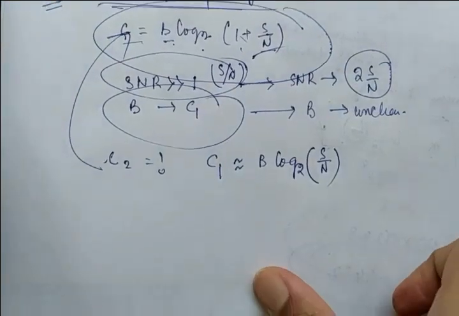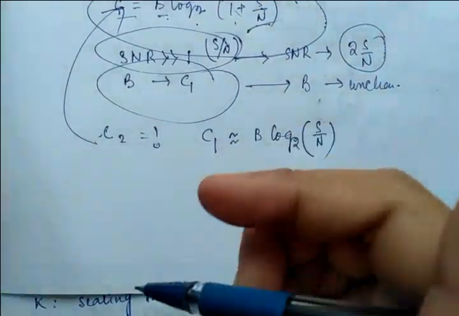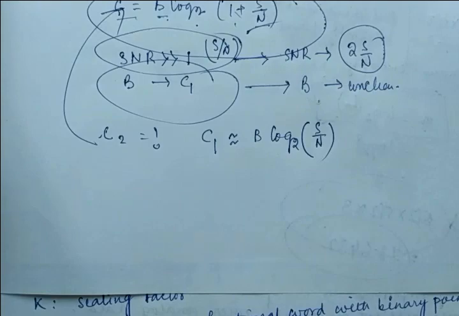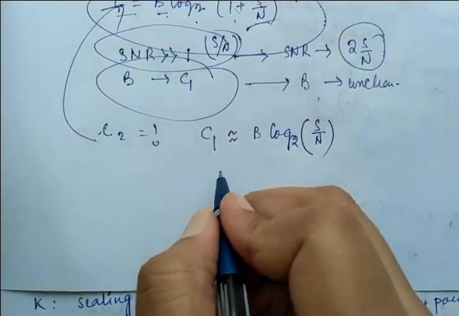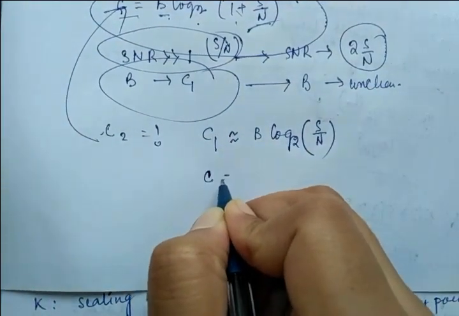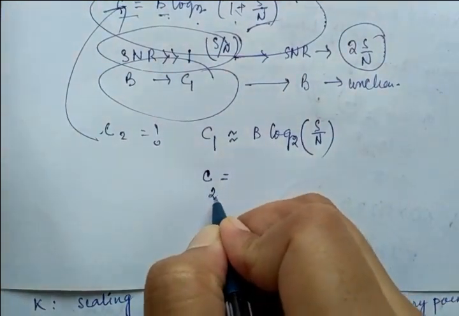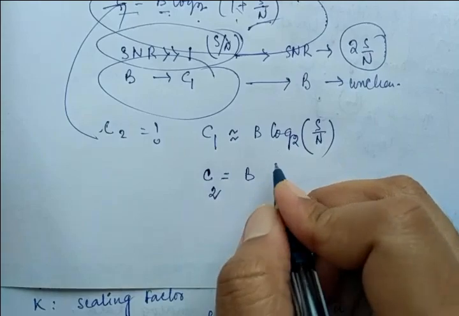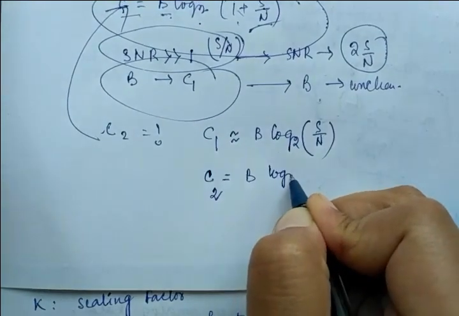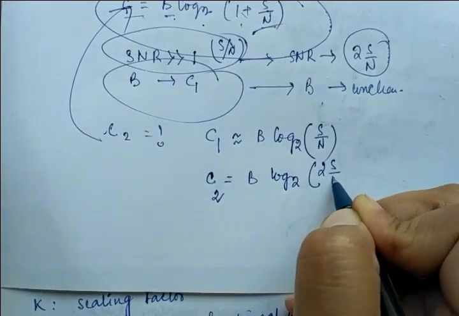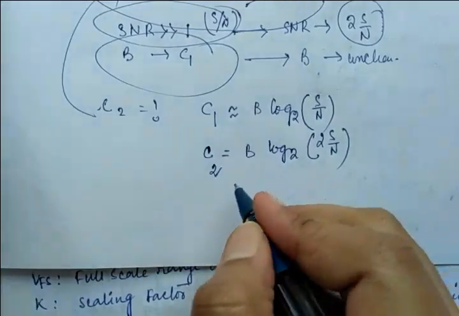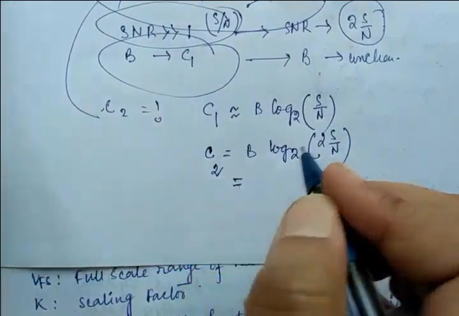Clear? Okay. Now in the second phase, SNR is doubled but B is constant. So what is your new channel capacity? This new channel capacity, that is C2, will be equal to B, fine, but SNR is doubled, meaning 2S by N. Clear? So just the log multiplication formula.